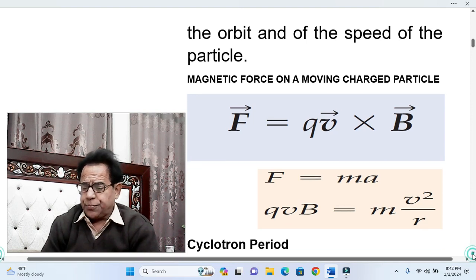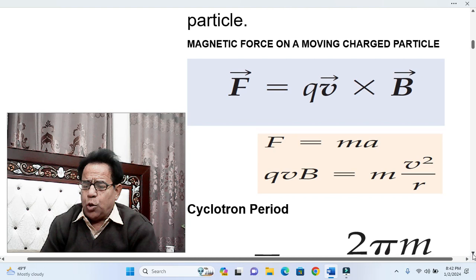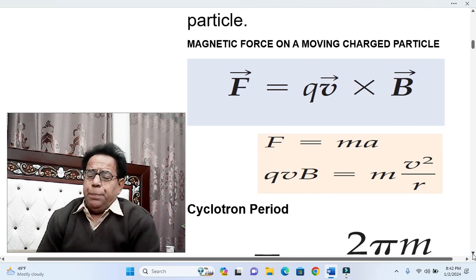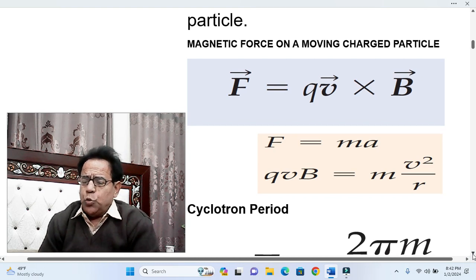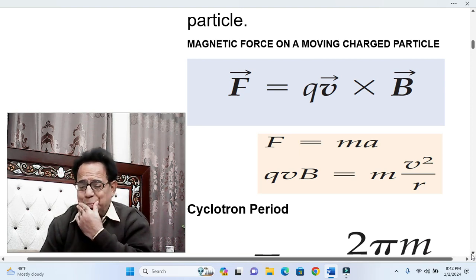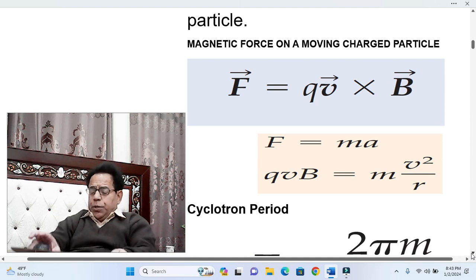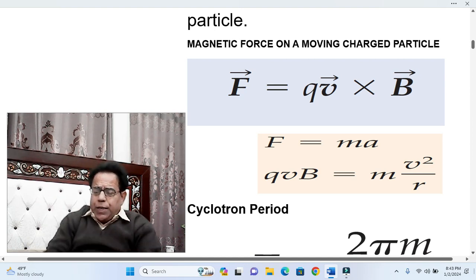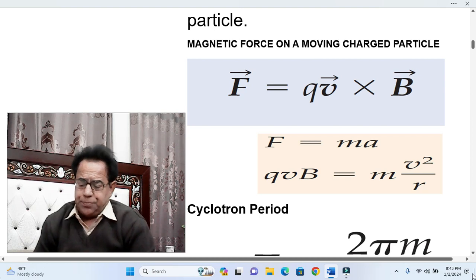The next snapshot is magnetic force on a moving charged particle. F vector is equal to q v vector cross product with magnetic field B vector. According to Newton's second law of motion, F is equal to ma.